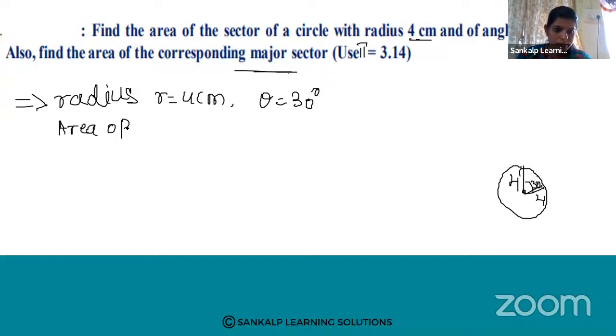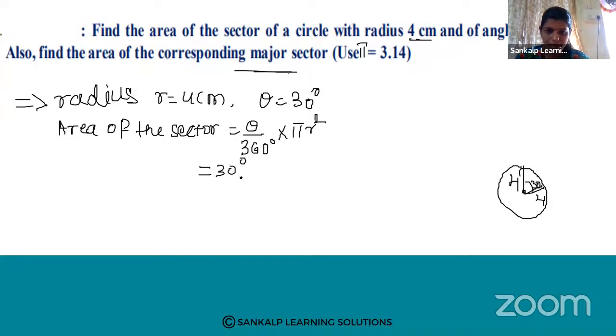Area of the sector is theta divided by 360 degree into pi r square. So theta is 30 degree divided by 360 degree into pi value 22 divided by 7 and r value 4 into 4.